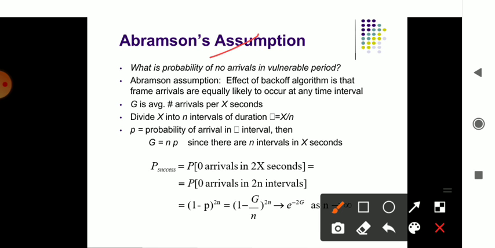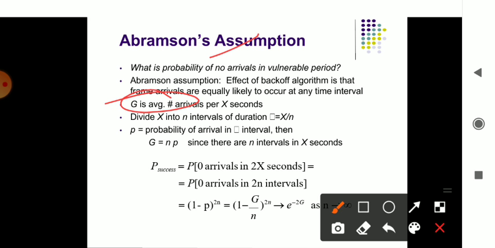Okay, that also has to be considered when your frame has to reach the other end in a successful way. Then you have the load which is being considered, okay, in that particular seconds, how many arrivals there are. Maybe 10 arrivals, 20 arrivals in 20 seconds, like that. Your frames are divided into n intervals.